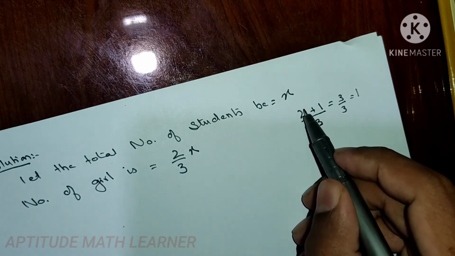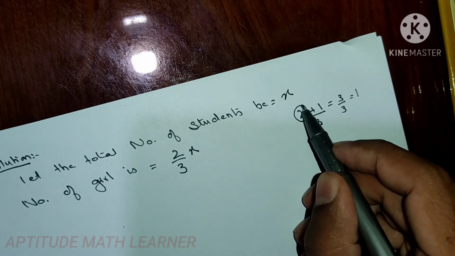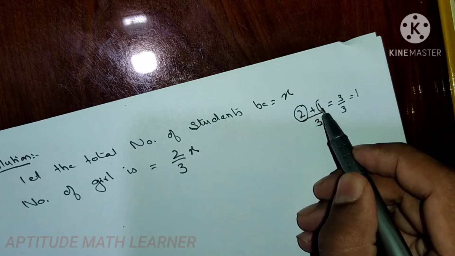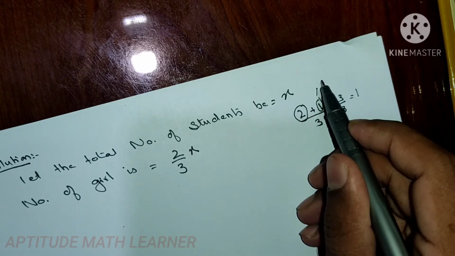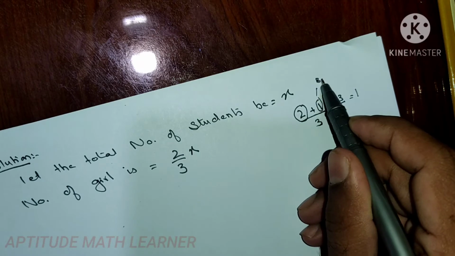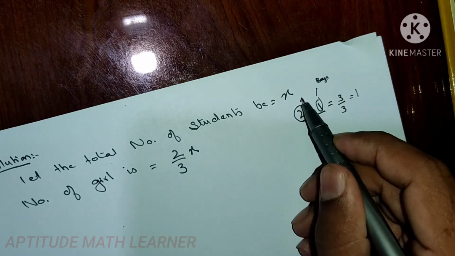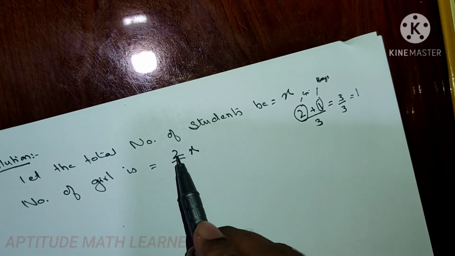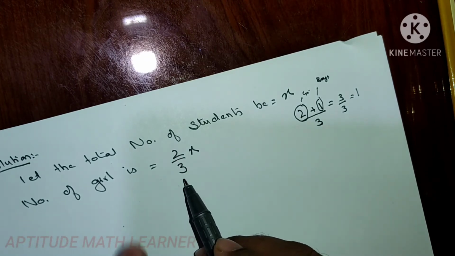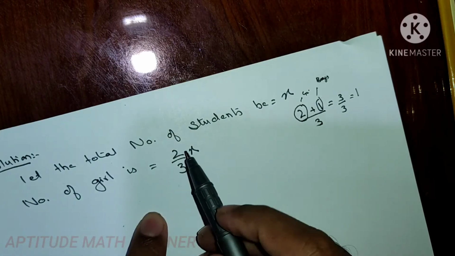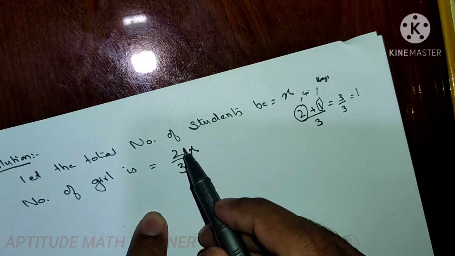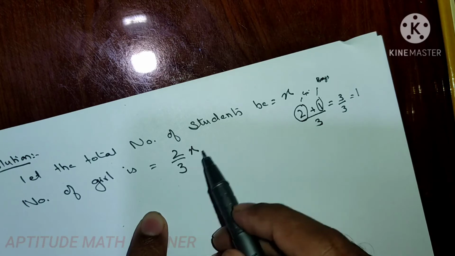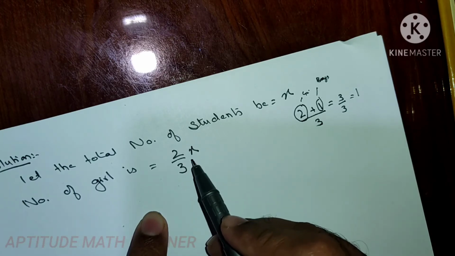It means twice for the girls and 1 for the boys. So for that reason we say that 2/3 here means 2 for girls, and we put plus 1, it becomes 3 for boys.